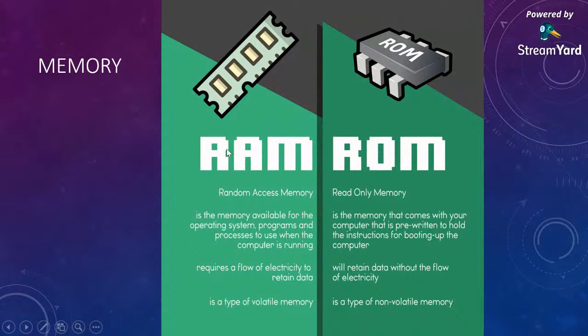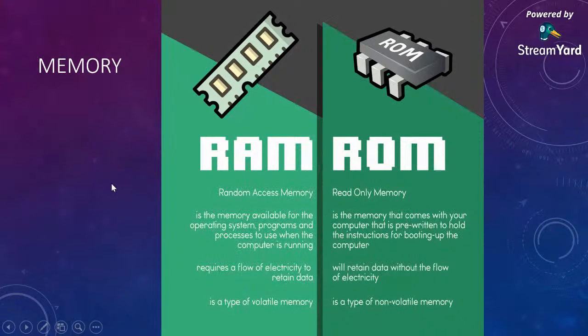Okay, the difference between RAM and ROM. RAM means random access memory, and ROM is read-only memory. I already told you before that RAM is volatile memory, meaning that whenever electricity is unplugged and there is no electricity flowing in the system, the data will be gone.